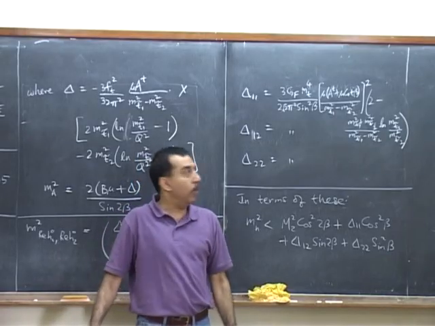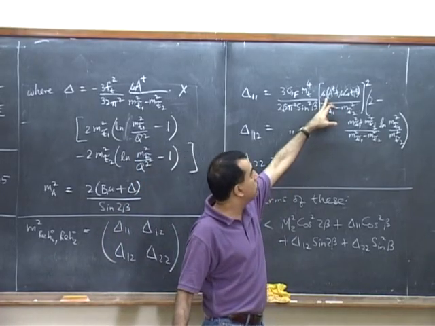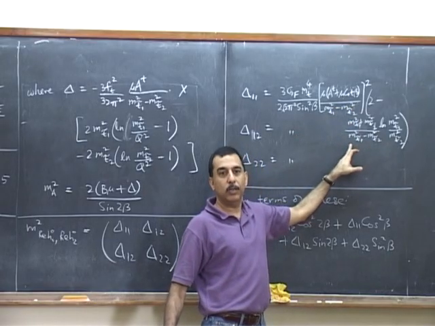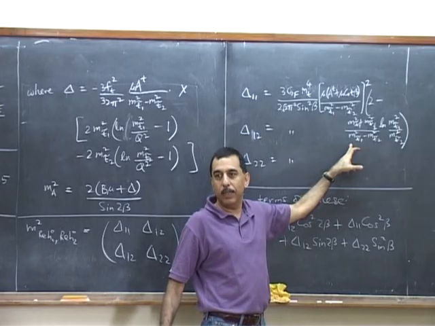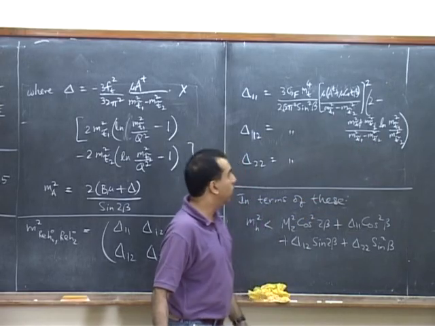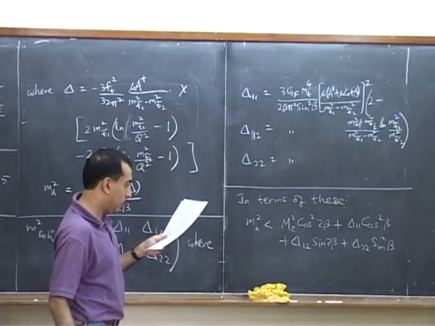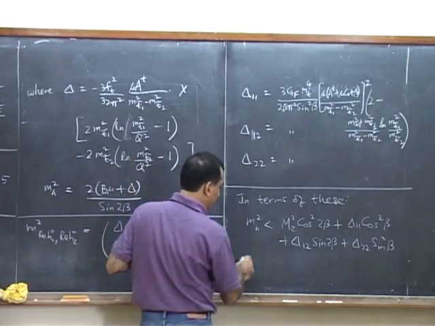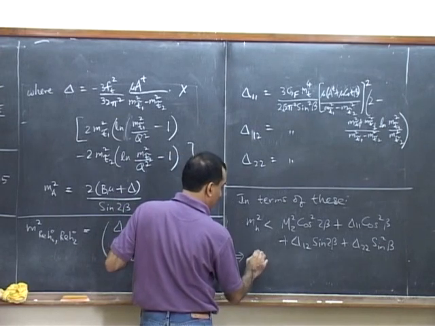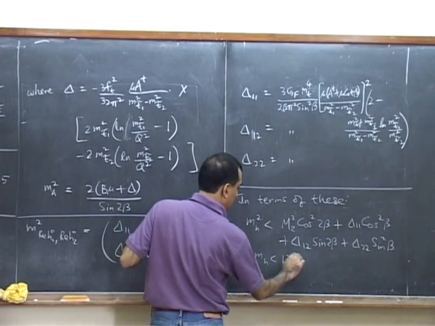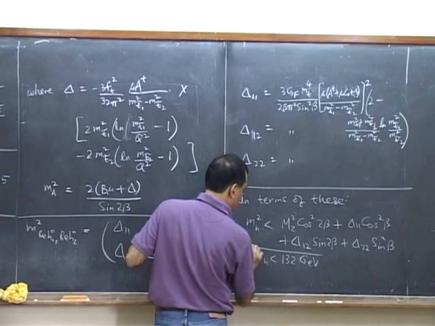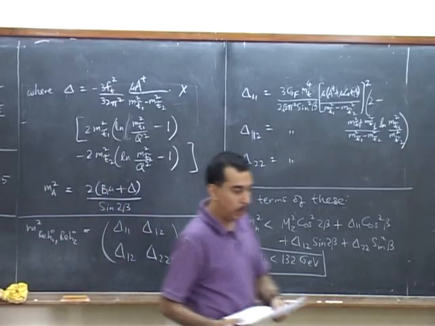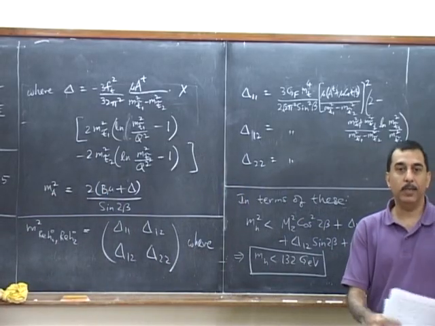That is, when mu and A go to 0, this numerator goes to 0 with a certain power, but this difference also goes to 0, because in the absence of T left, T right mixing, the denominator goes to 0. So, well, it's a long story, and I prefer to believe the experts. The claim is that finally this implies for reasonable values of the parameters that mh is less than 132 GeV, which as far as I can find out, still today remains the upper bound for the lightest Higgs in the MSSM.